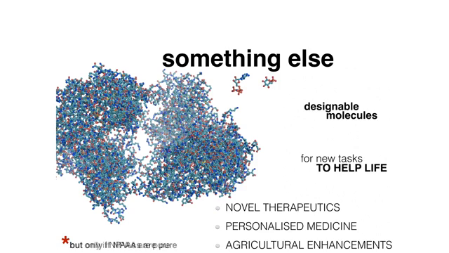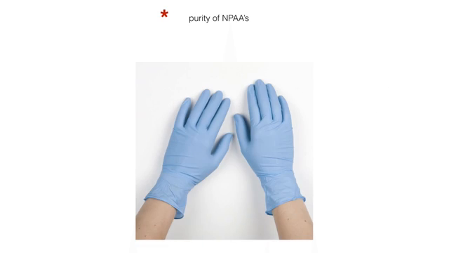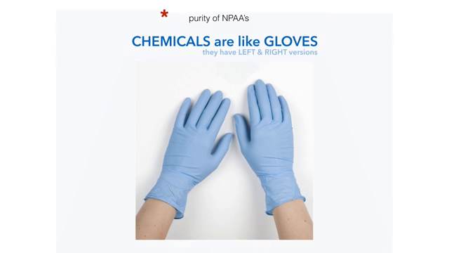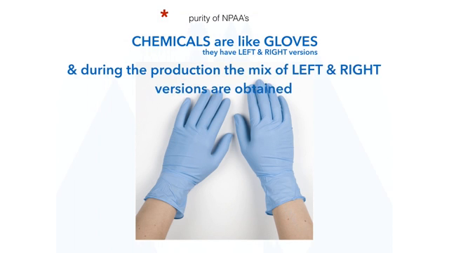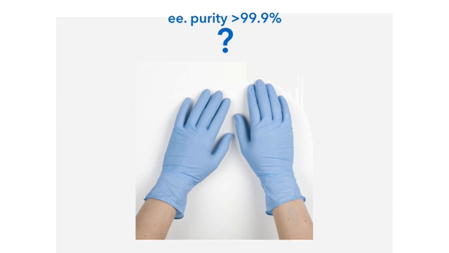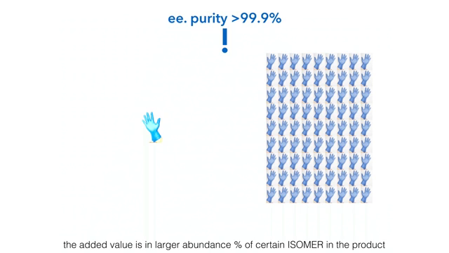So why this emphasis on the purity of amino acids? I want you to imagine chemicals like gloves. There are left versions and right versions of the gloves, which you get while producing those. And this is the critical point of our purity, 99.9%. The added value lies in the larger abundance of a certain isomer.